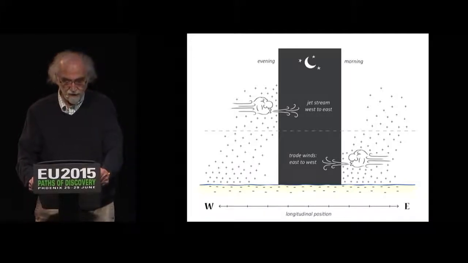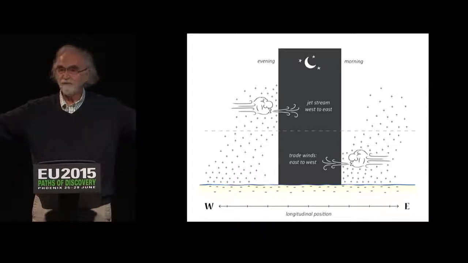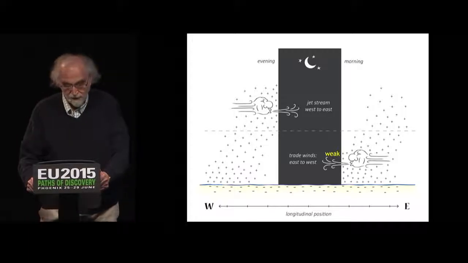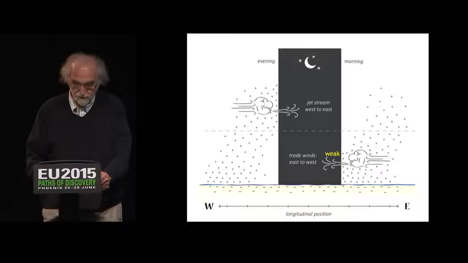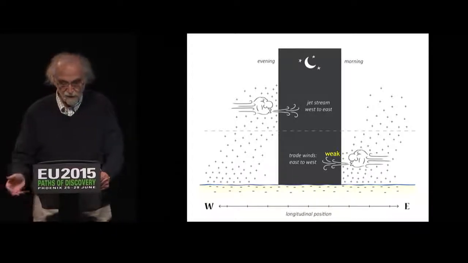So this is the surface of the Earth spread out. So we have nighttime in the center, and we have morning on the right side and evening on the left side. Now, start on the right side and morning, and remember that's just what I was talking about.